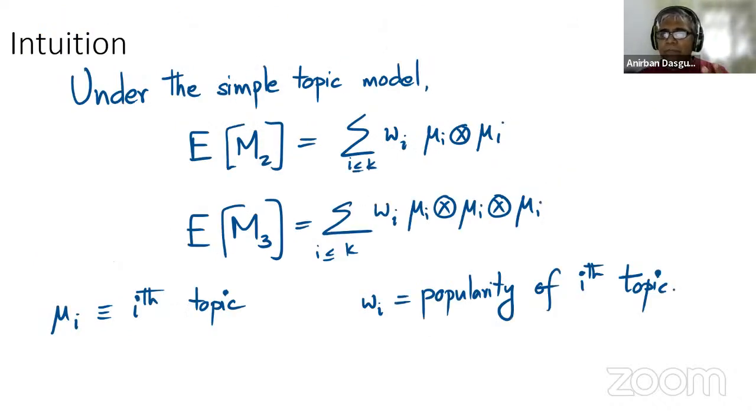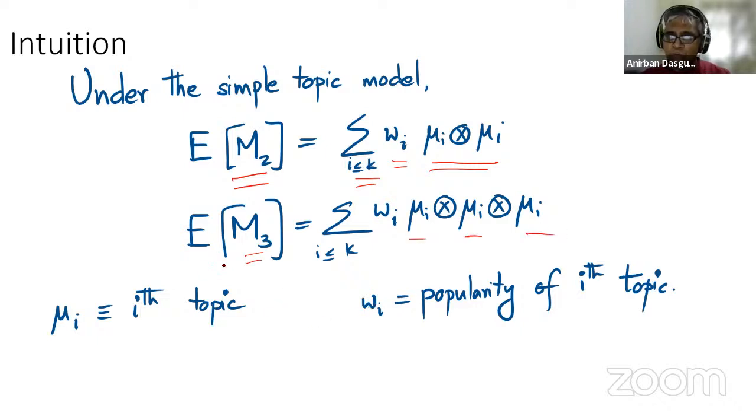And why is that? Because if you write down the expectation of these moment tensors, it's not hard to see that the expectation of the second moment tensor is basically the sum of mu(i) tensor mu(i), where i ranges from 1 to k over all the topics, along with the corresponding weights that you have in your generative model. And the expectation of the third order moment tensor is basically mu(i) tensor mu(i) tensor mu(i), right?